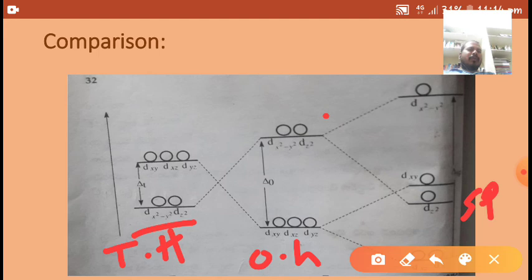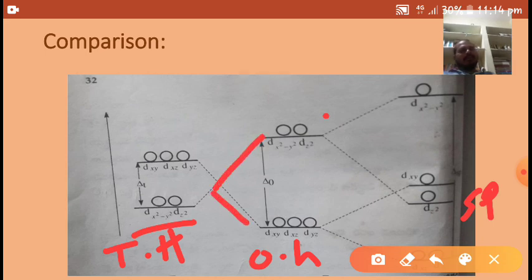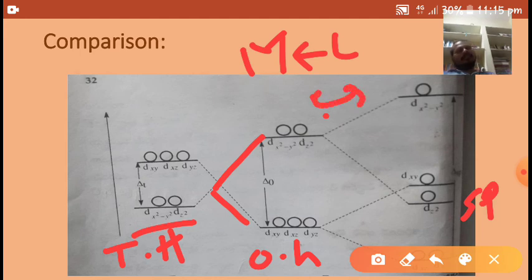So from this one slide, one photo, we can explain all the d orbital splittings in octahedral, tetrahedral and square planar complexes. In octahedral complexes, energy of Eg will be increased because ligands approach the metal ion along the axis. So Eg orbitals energy will be increased. Why? Orbitals of Eg lie along the axis.